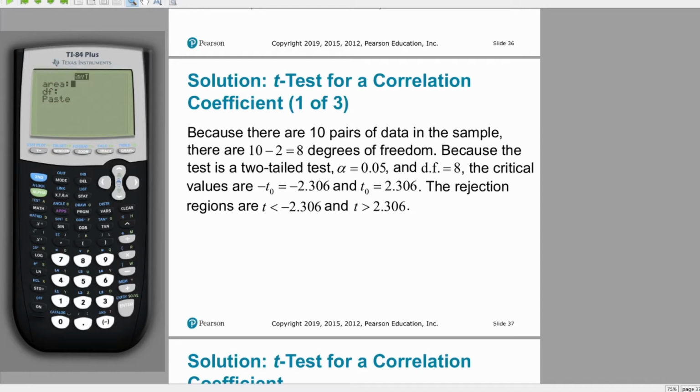Area here is going to be 0.975, or whatever it would be if you have a more advanced calculator. Df is 8. And we get the upper critical value here is about 2.306.